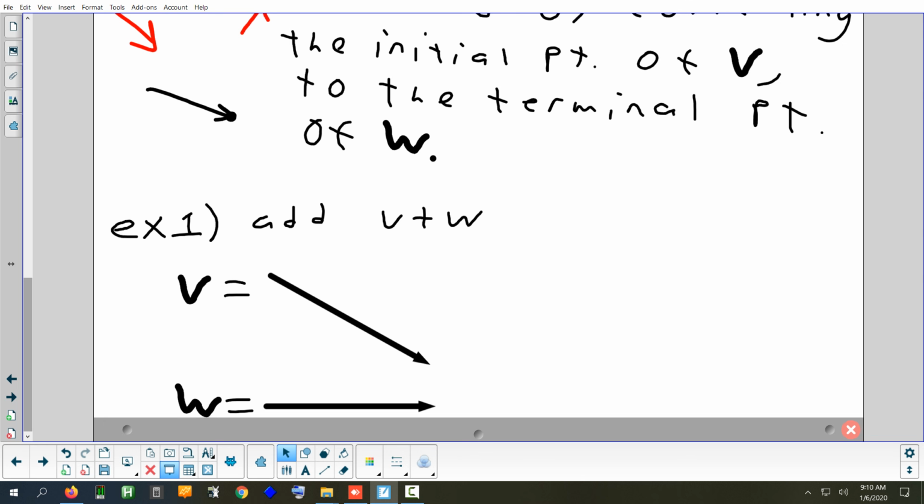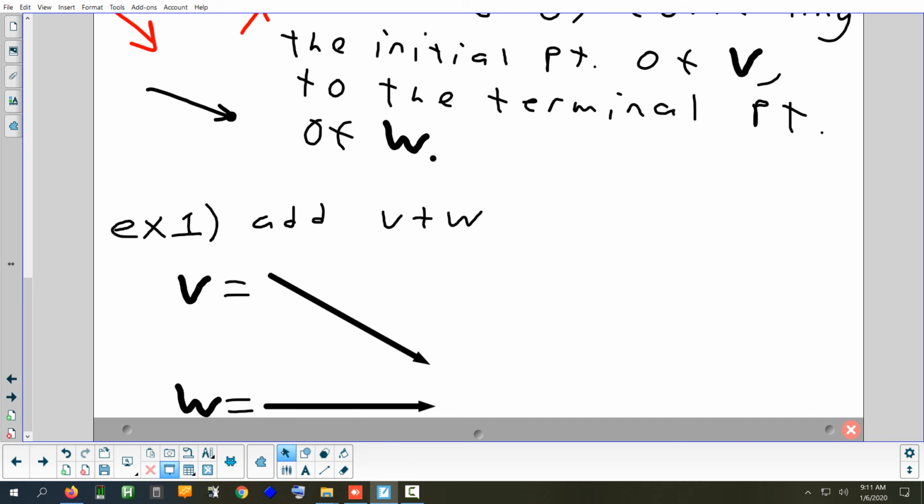So let's just take a look at adding up these two vectors. In order to do this accurately, you really need two things. You need a piece of graph paper and you need a ruler if you're really going to try to measure things and do that. So when we do it on the test, you'll have graph paper already printed on the test. Okay.